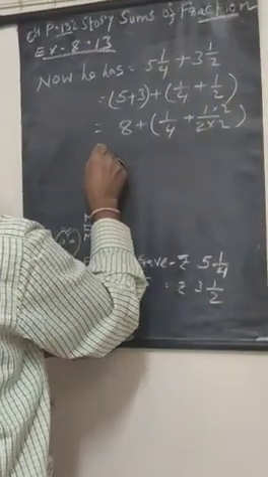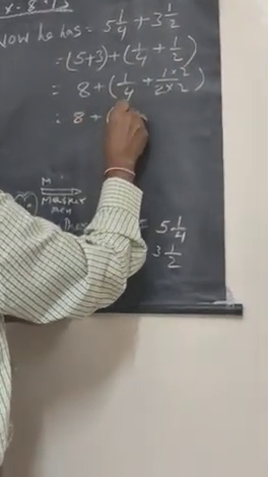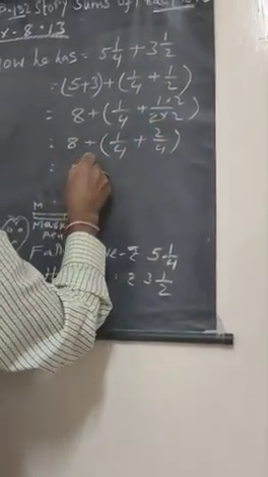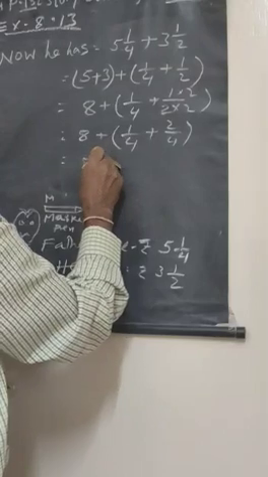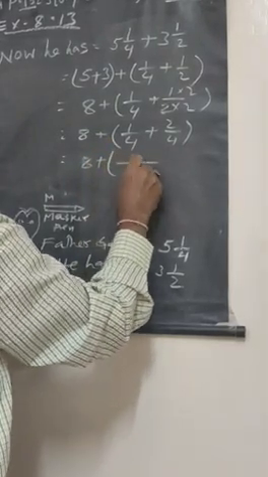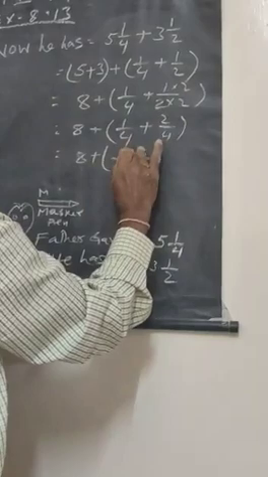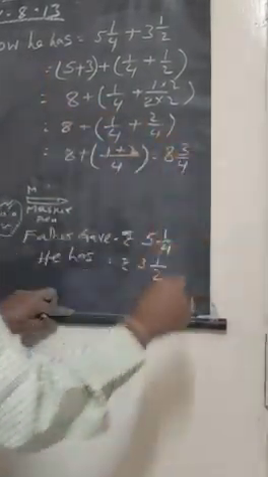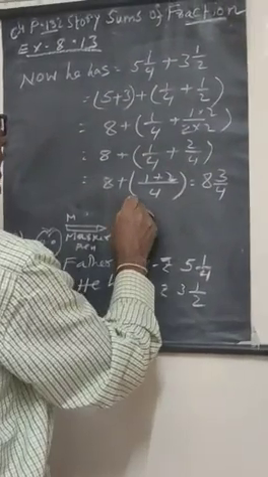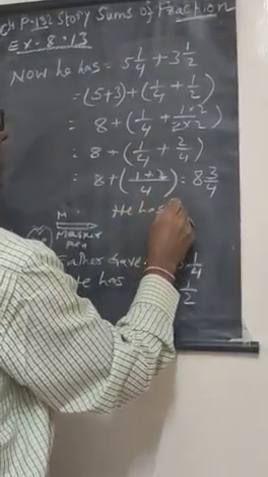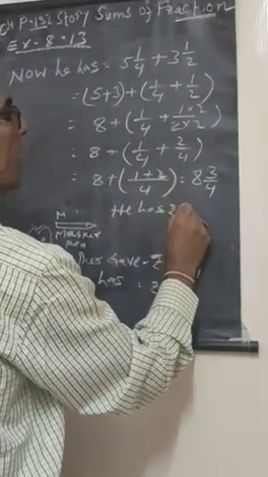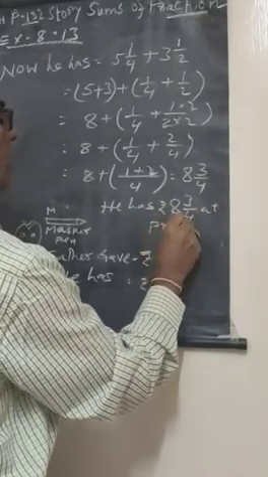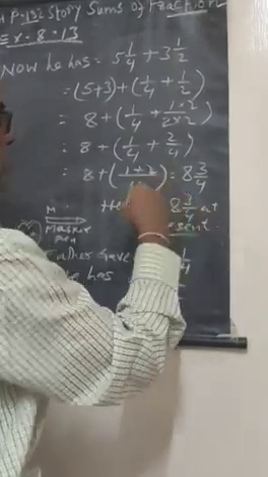Okay, so 8 plus 1 by 4 plus 2 by 4 is equal to 8 integer, 1 plus 2 is 3 by 4. He has this much money. Now he has rupees 8 integer 3 by 4 at present. Okay, so like this we have to do that.